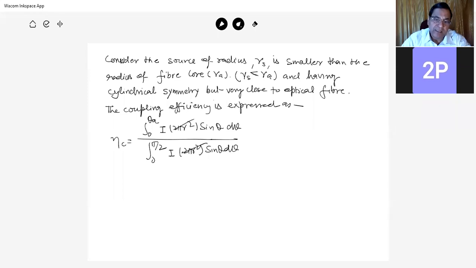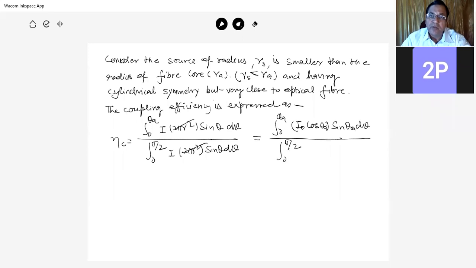So this part is cancelled. This is 0 to theta A, I is equal to I0 cos theta A into sin theta A d theta upon 0 to pi by 2 I0 cos theta A into sin theta A d theta.